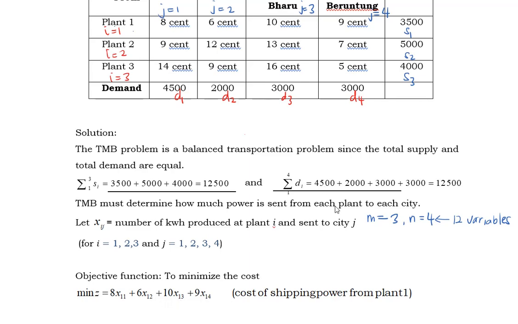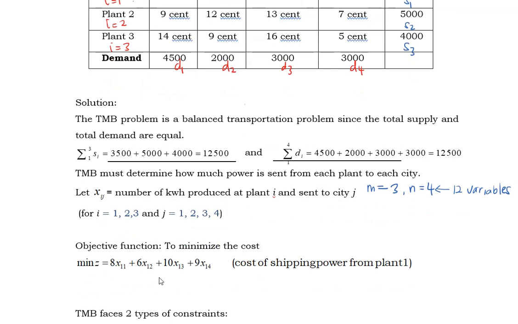Next, we go to plant 2. We have 9x21 plus 12x22 plus 13x23 plus 7x24. This cost comes from plant 2.